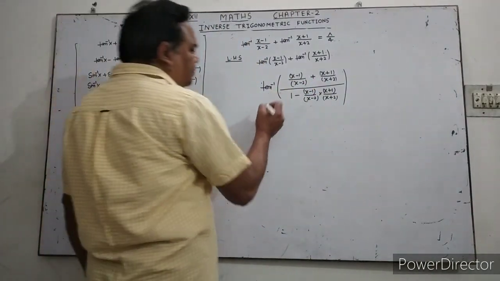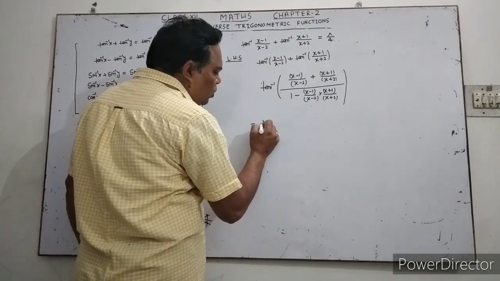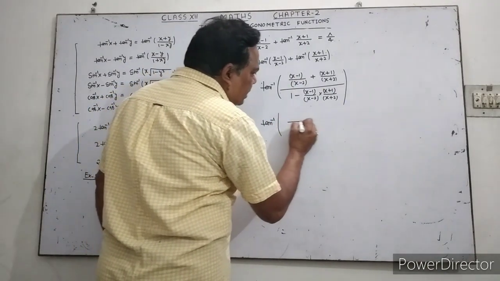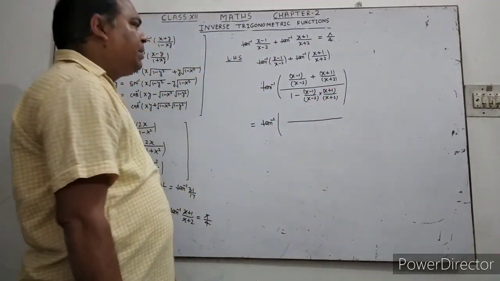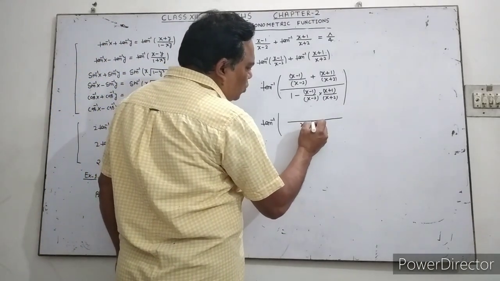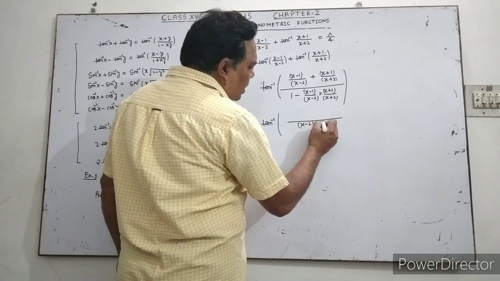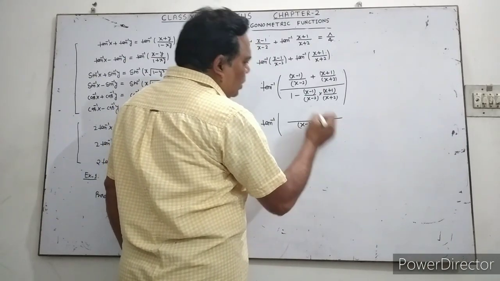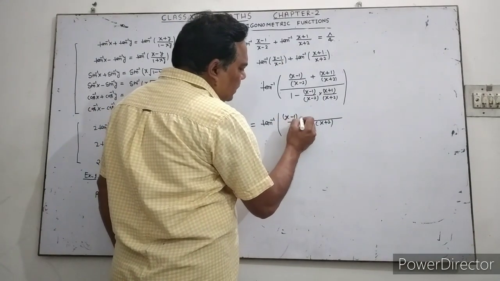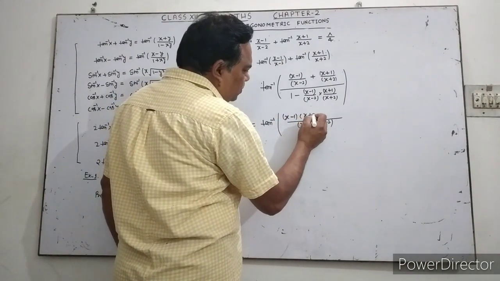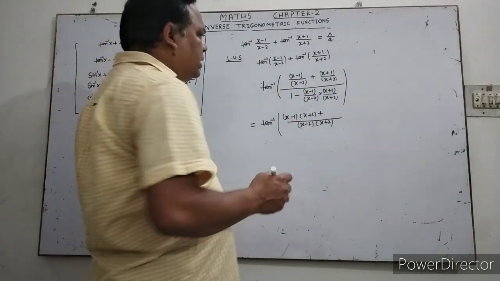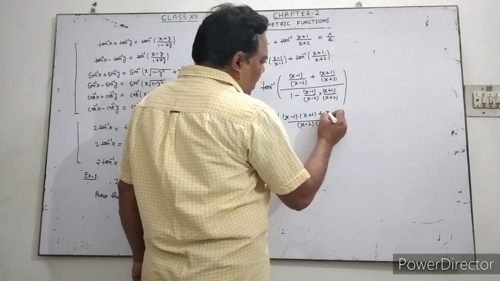Take the LCM. Then this is equal to tan inverse of the LCM. The LCM is (x minus 2)(x plus 2). Then the numerator is (x minus 1)(x plus 2) plus (x plus 1)(x minus 2).